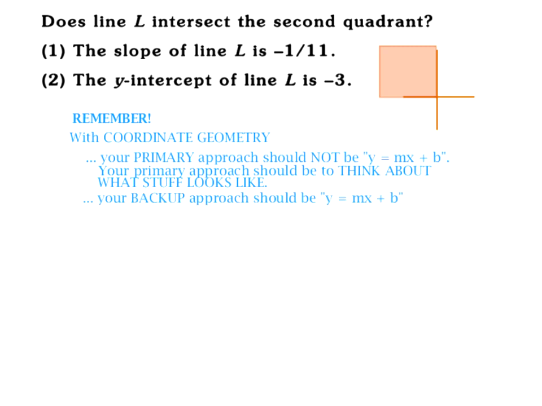So let's talk about visuals here. What does statement 1 look like? Like, what does a slope of minus 1 over 11 actually do? How does it appear on a coordinate plane?